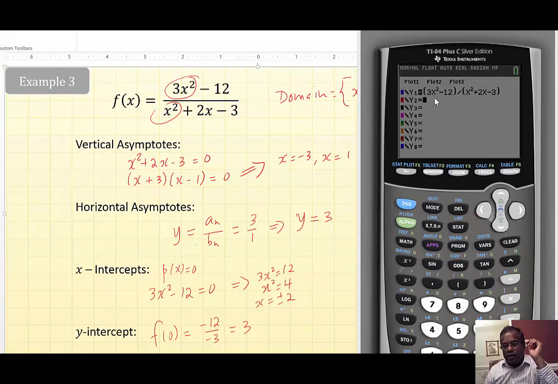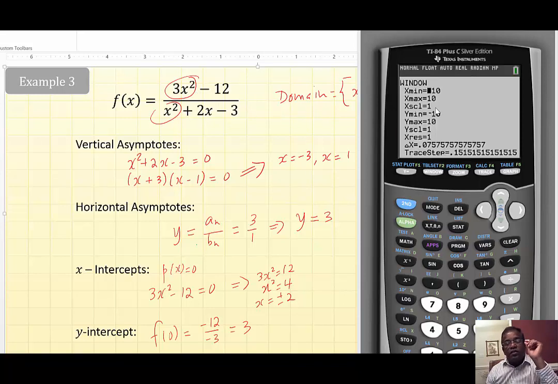Now here I enter the formula 3x squared minus 12 over x squared plus 2x minus 3. Now I change the window a little bit, so we will be able to see the whole graph, negative 10 to 10 in both directions.